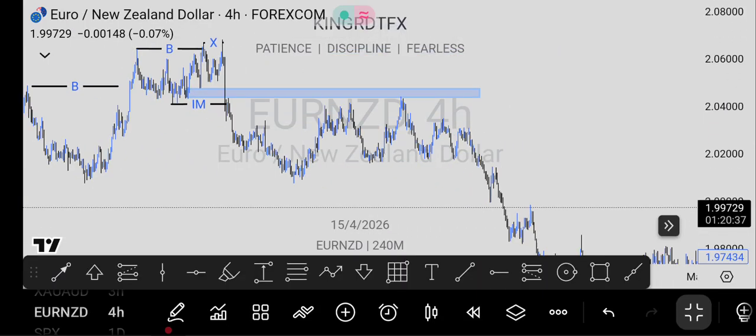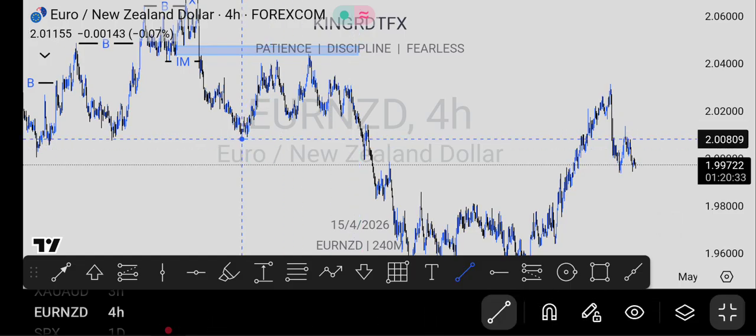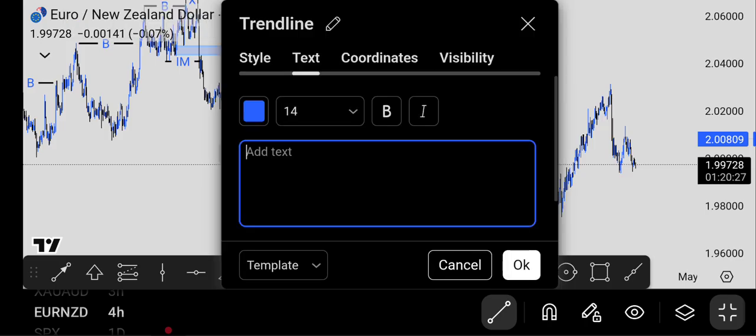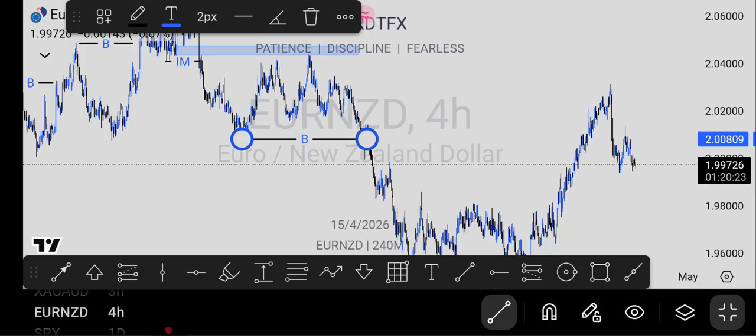There is our internal market structure shift. Then we have a break of structure here. There is our break of structure, right?